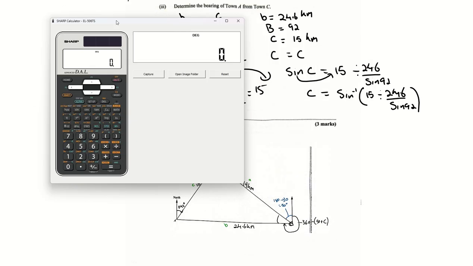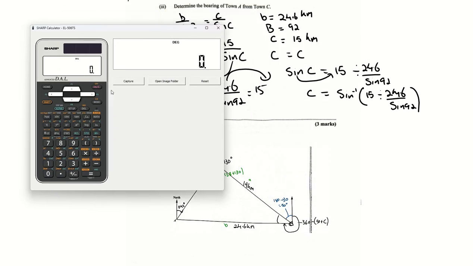Let's do it on the calculator here. I'll do it on the Sharp first, and then on the Casio.